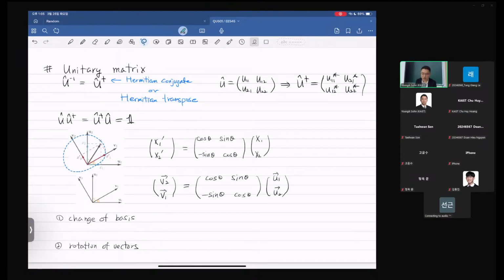That's the first concept. Second concept is that you are actually rotating your vector, okay? You're moving your point from here to there. There are two concepts, and you use a unitary matrix to describe both, okay? But their meaning is different. Let me write it.